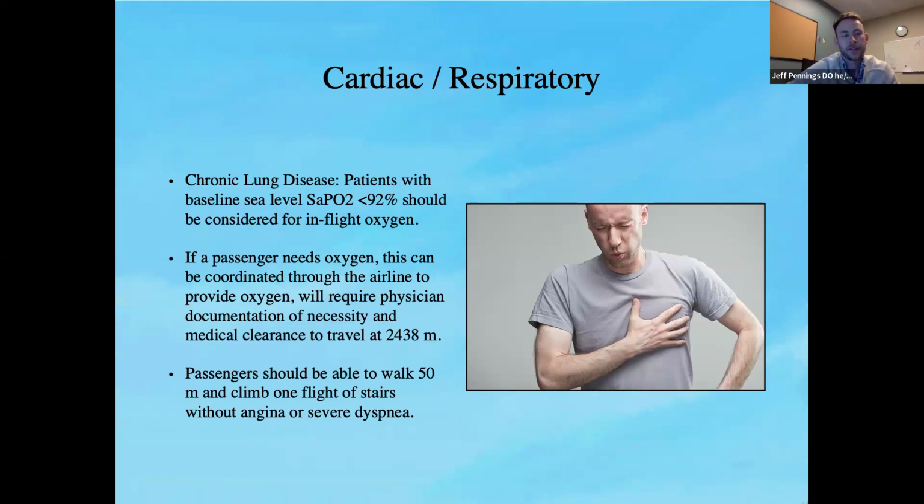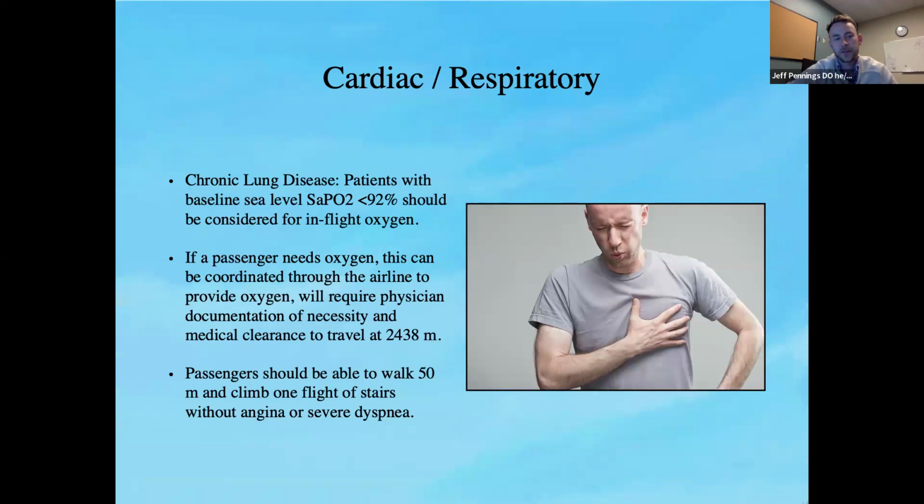So in terms of your patients with cardiac or respiratory disease, really any patient that has a baseline oxygen saturation of less than 92% should be considered for in-flight oxygen. And this can be navigated through the airline directly to provide that oxygen.